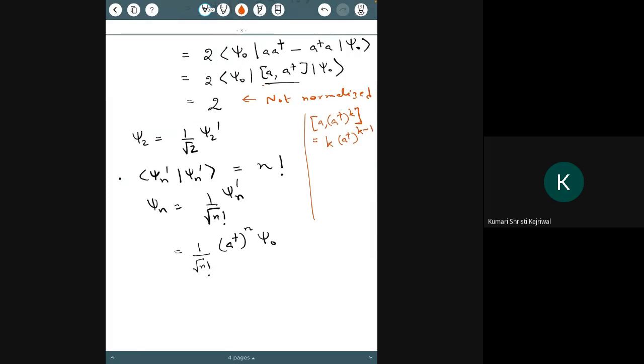So I would have to do one more step before I got the commutator of A dagger. So that's why we will get 3 into 2 if I do for psi 3, and then for psi n, I will get n factorial. You can try it for psi 3 and you'll see that it is 6 and not 3.